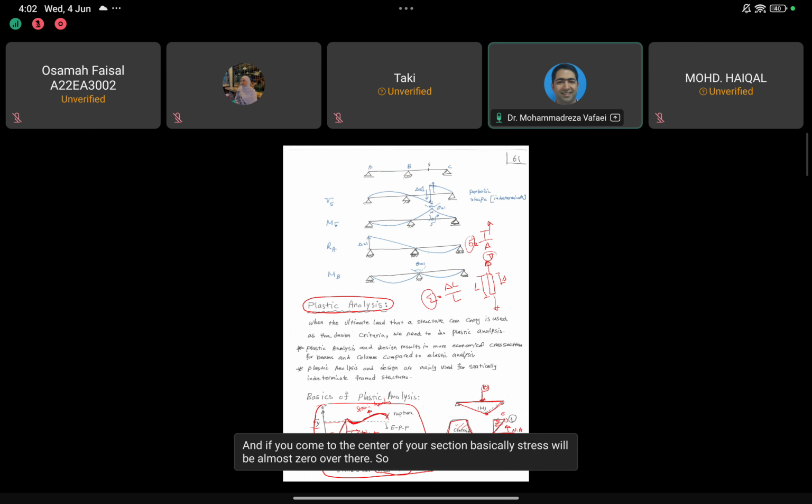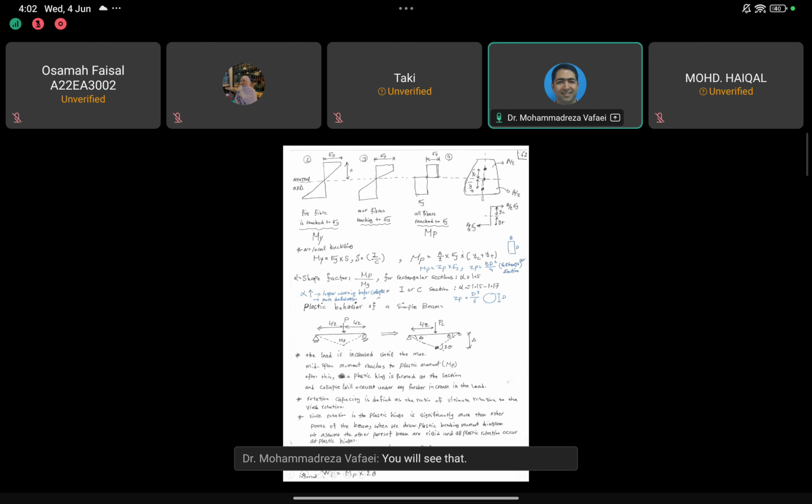So you can increase the force and make this force a little bit larger. If you do so, you will see that little by little, some of the fibers inside your section reach the yield stress, and the other fibers are still below the yield stress.